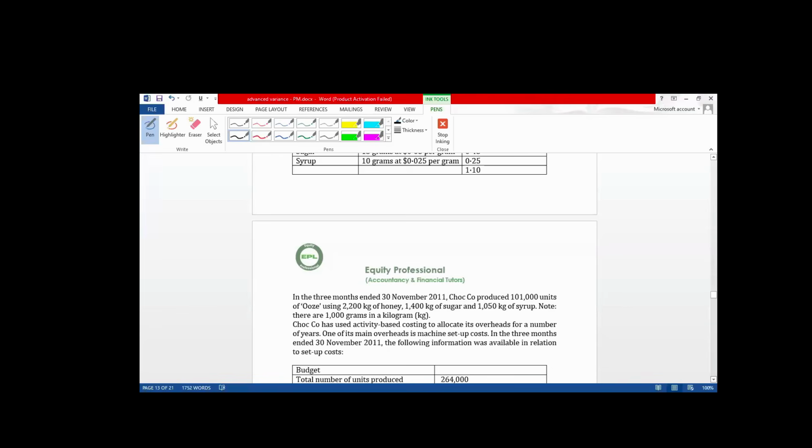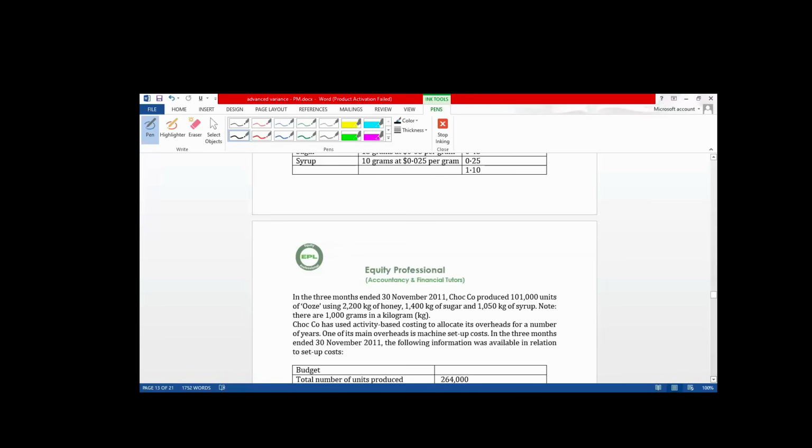That means 1 kilogram is equal to 1,000 grams. We have to work with the same units.